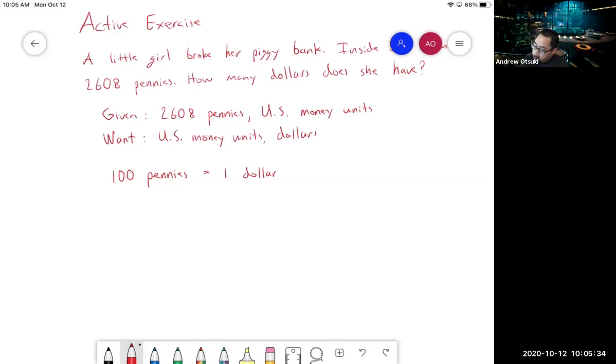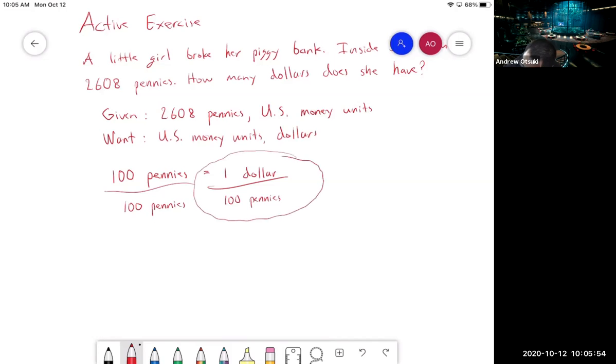Since we want dollars, we want to divide both sides by 100 pennies. And this will be our equivalency factor right here. So that will be our factor that we're going to use: $1 over 100 pennies. So we just use dimensional analysis to set this up.